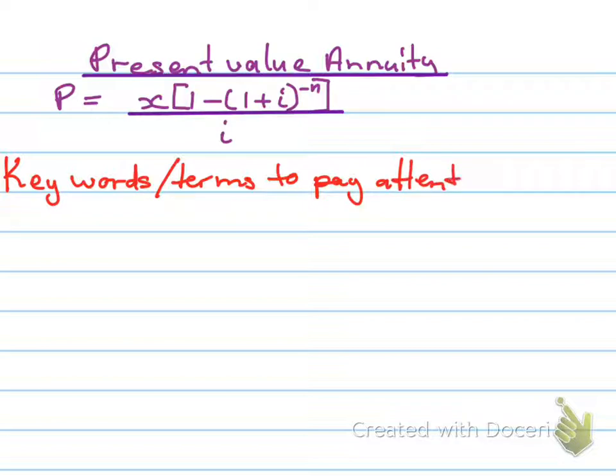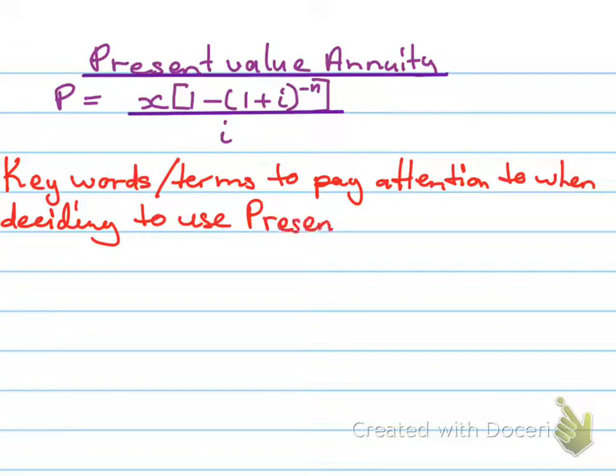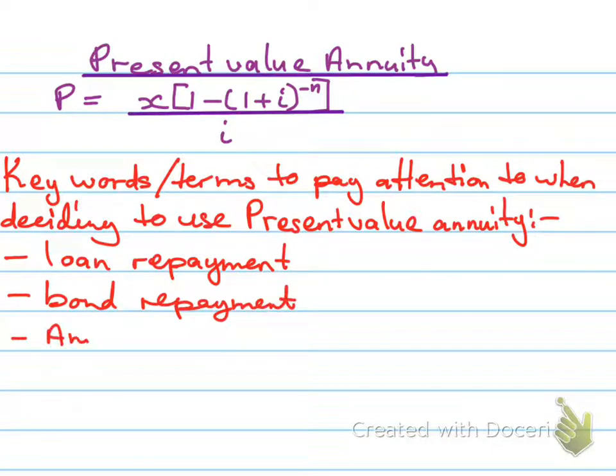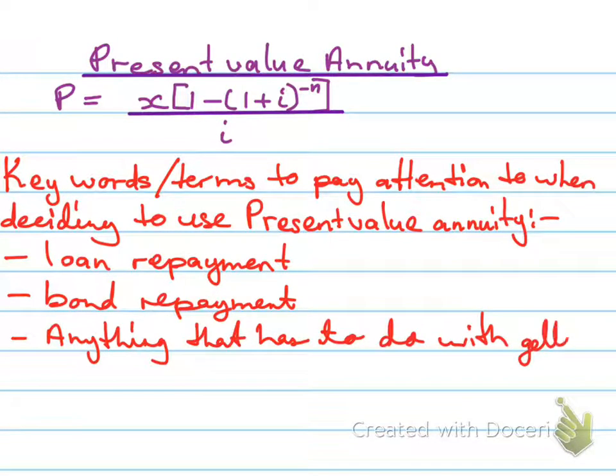So keywords or terms to pay attention to when deciding to use the present value formula are when you hear the word loan, right? Someone is buying on credit, someone is buying on loan. You are buying something on credit because you don't have the money now, and then you start paying until you pay off that money. Are we together?